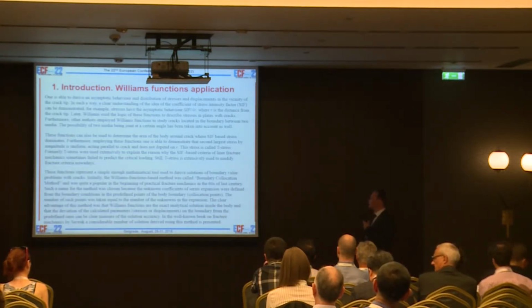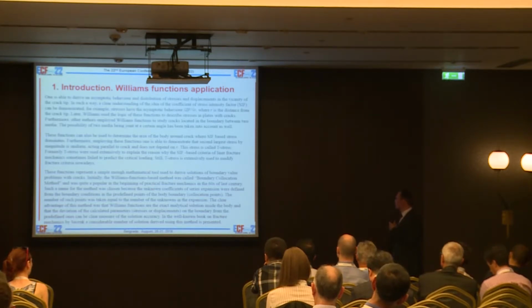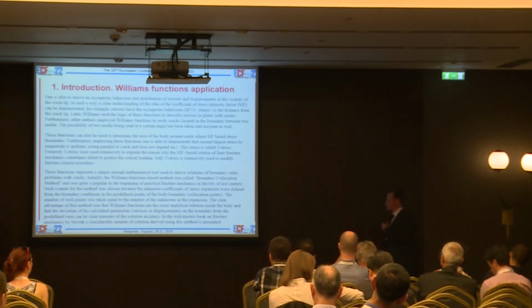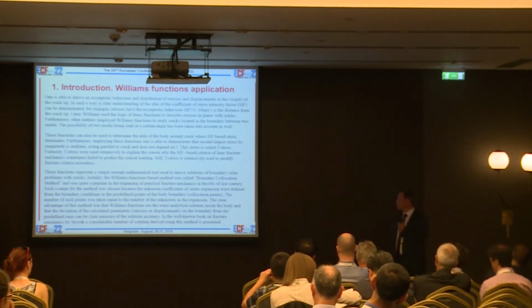And also these Williams functions were very popular at the beginning of fracture mechanics in the 60s, where they were applied to obtain useful solutions of stress intensity factor in different bodies using the boundary collocation method.